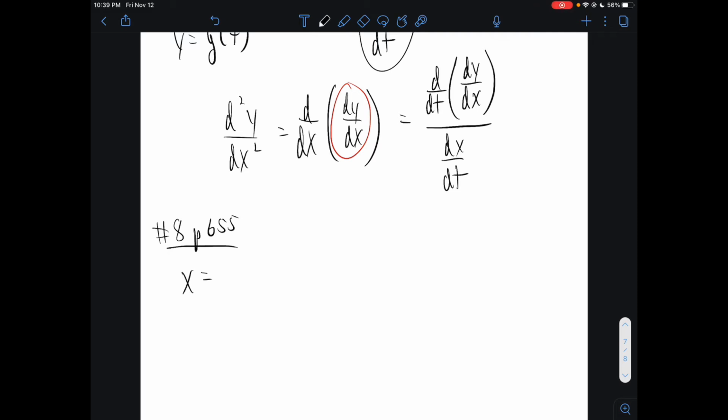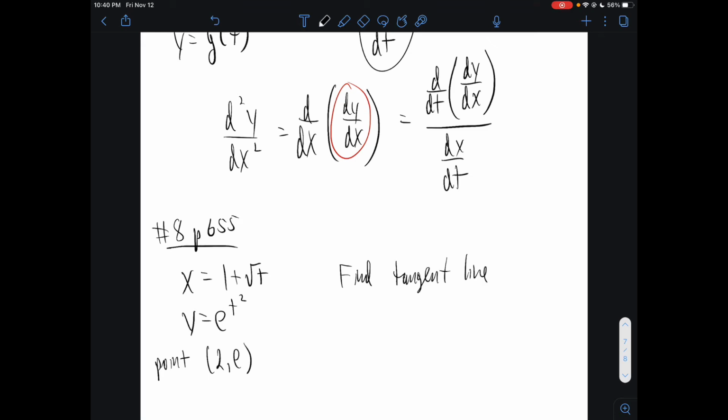So we're given x is equal to 1 plus the square root of t, y is equal to e to the t squared, and we're given that the point is 2 comma e, so we want to find the tangent line to the curve at the point.